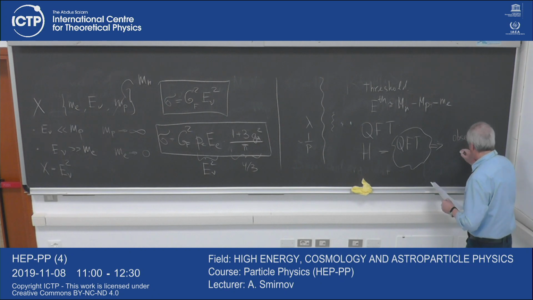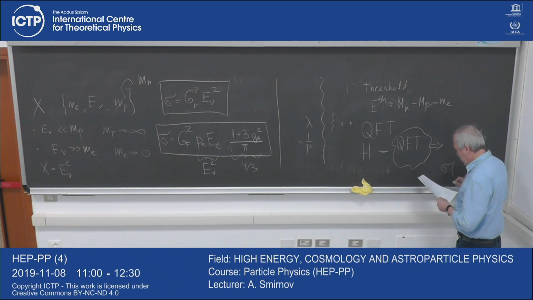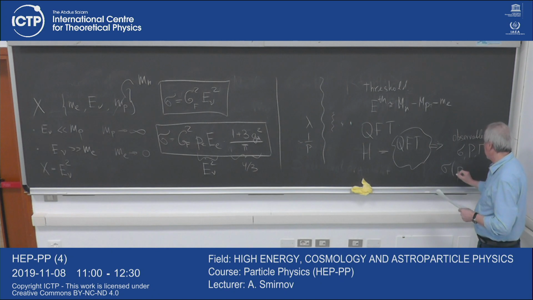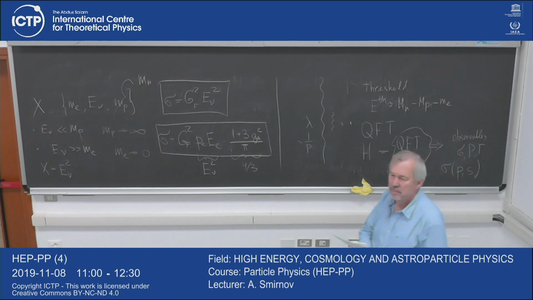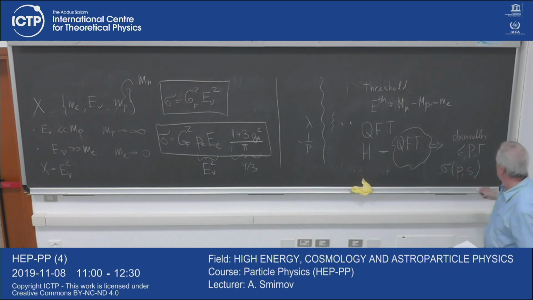Observables are cross sections, probabilities, or decay rates. What is important is that these observables are functions of kinematical variables. So all these, like for instance the cross-section, are functions of the momenta or energies of the particles involved and spins. Right? And coupling constants. Let me add here G, the coupling constants.